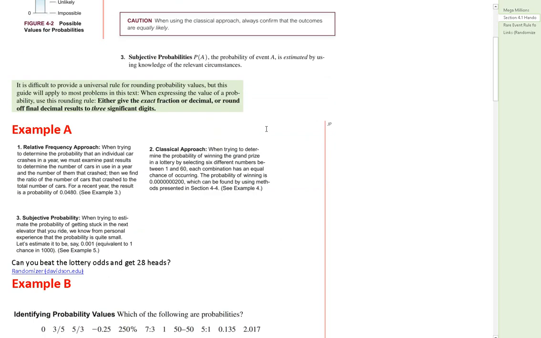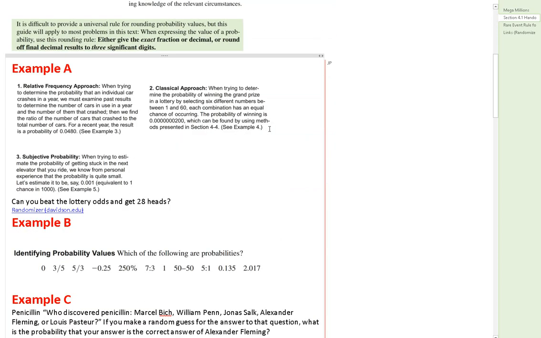And keep in mind that probabilities are always going to be between 0 and 1. So a couple more concrete examples of these different approaches. In terms of the classical approach, when trying to determine the probability of winning the grand prize in a lottery by selecting 6 different numbers between 1 and 60, each combination has an equal chance of occurring. That's definitely important for your classical approach.